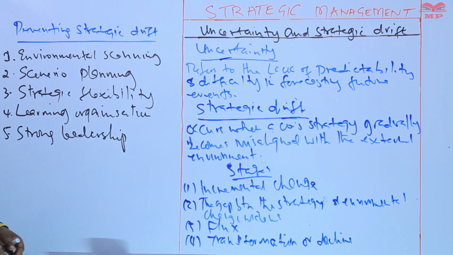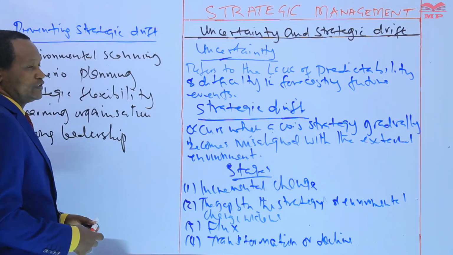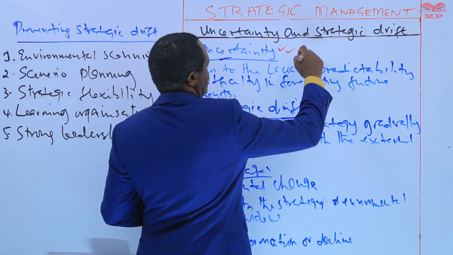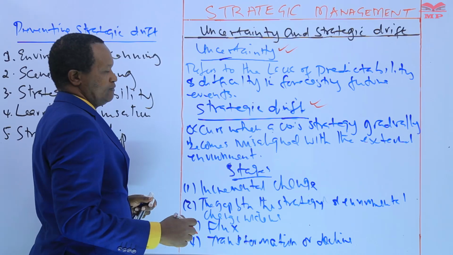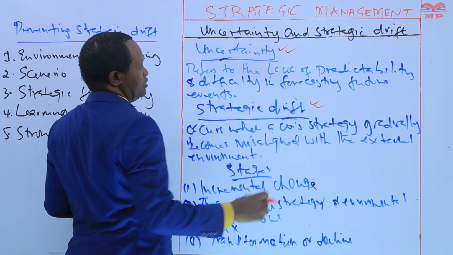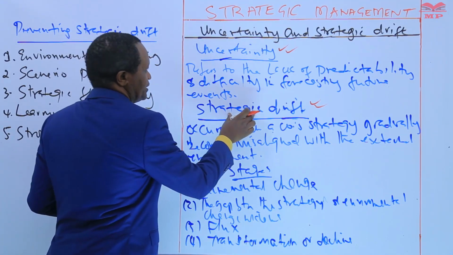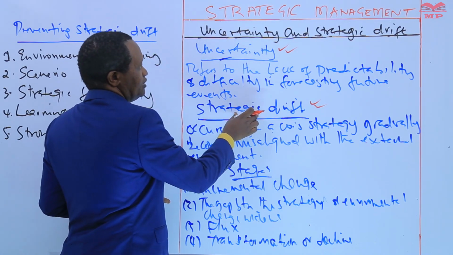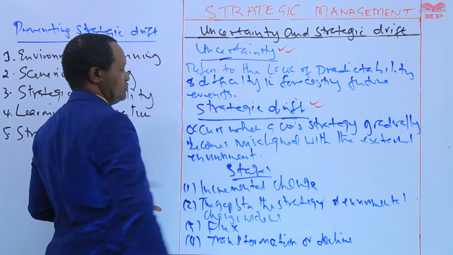So that's all as for uncertainty and strategic drift. In this lesson, we defined uncertainty, we've defined strategic drift, we've explained the relationship between these two. We saw that strategic drift happens because of uncertainty. Uncertainty is a breeding ground for strategic drift.